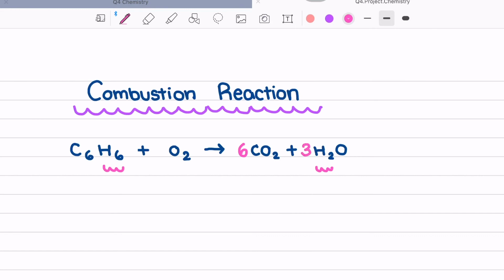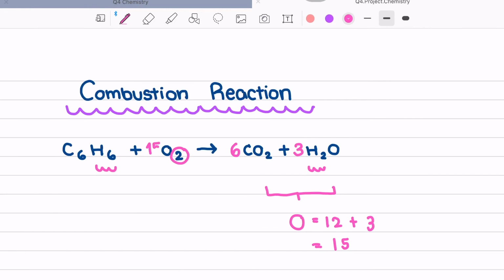And now it's oxygen left that's not equal. The product side has 12 plus 3 oxygen, so it means that there are 15 oxygen for the product side, but it has only 2 for the reactant side. So now we have to make it equal. So 15 over 2.